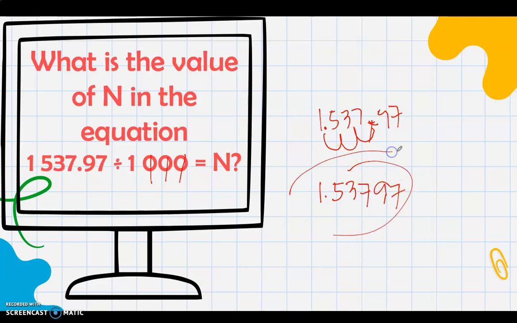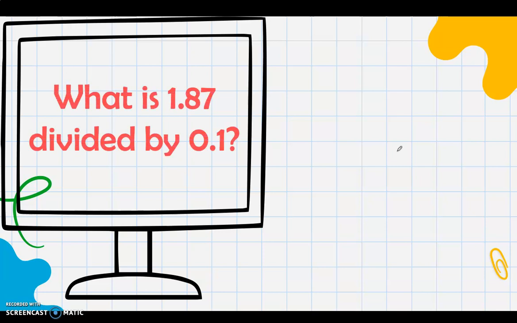Next, what is 1.87 divided by 0.1? So in this given problem, the divisor is 0.1. If it's 0.1, 0.01, 0.001, you have to move to the right depending on the number of digits after the decimal point of the divisor.